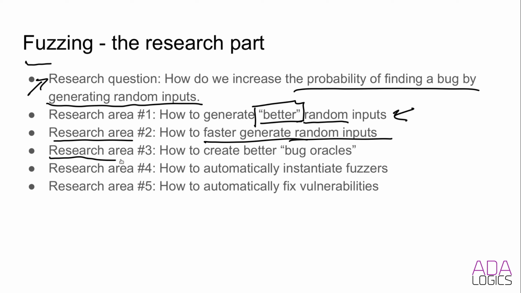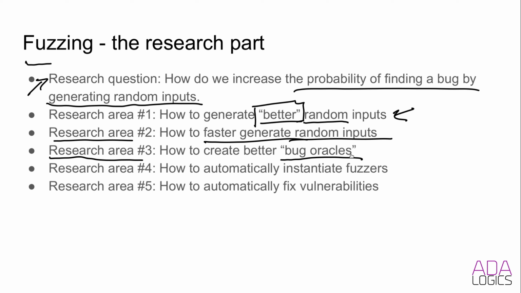Another research area is how can we create better bug oracles. This is related to these sanitizers that I talked about in the previous slide, where we want to find silent bugs, bugs that may not actually crash the system. And there's a lot of effort also into how can you actually start to look for logic bugs, so bugs that may not represent memory corruption errors.